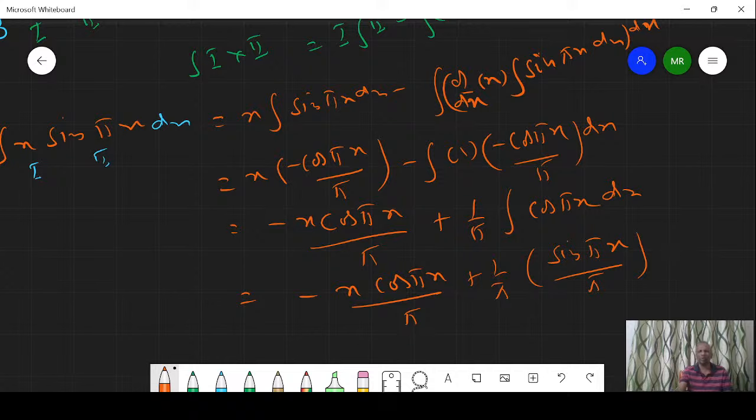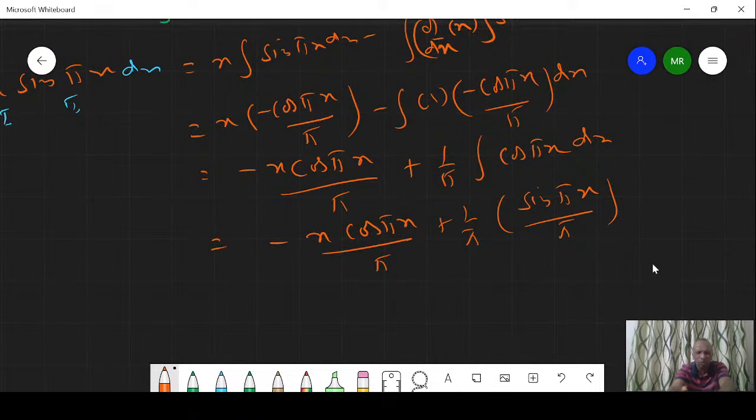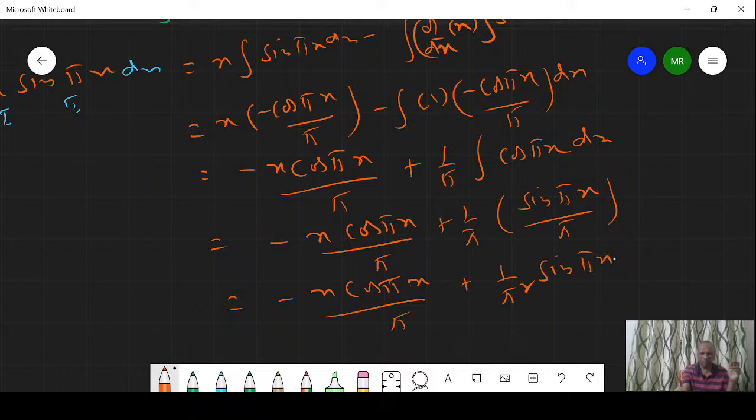If I were considering an indefinite integral I should write c, but here it is not required. I have done this just to get an idea. This value will be minus x cos πx by π, plus 1 by π squared times sin πx.